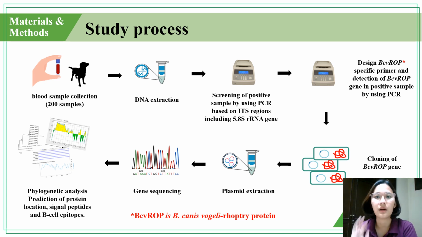And when we detected this gene, we did gene cloning, extracted the plasmid, and then did confirmation by gene sequencing. When we obtained the gene sequence database, we did analysis in terms of phylogenetic analysis, protein characteristics, and also B cell epitopes.